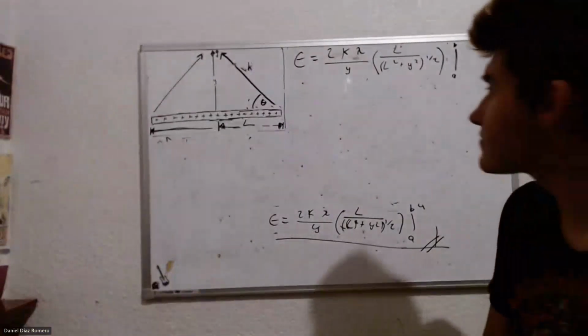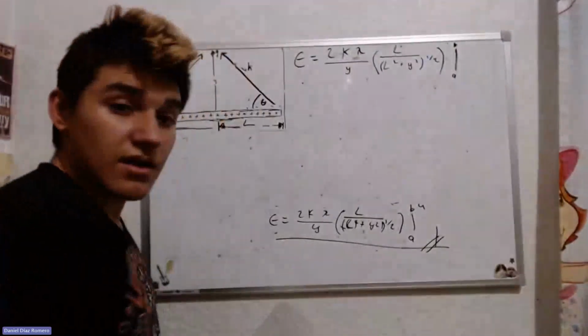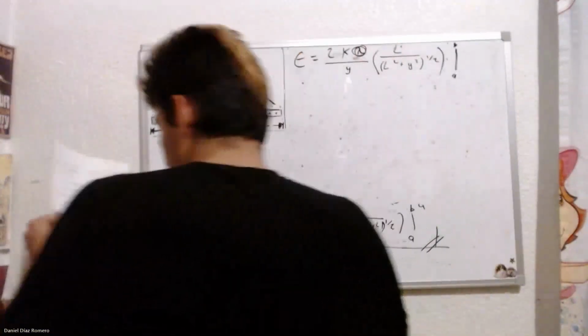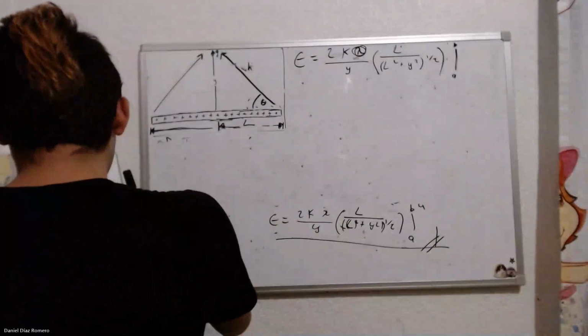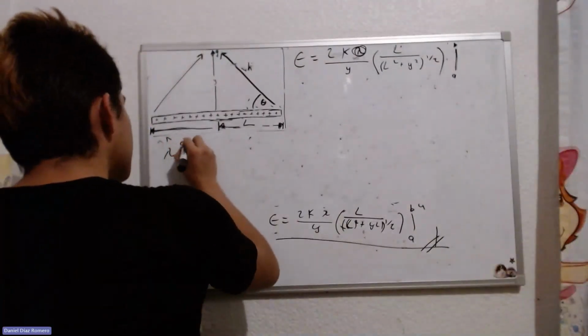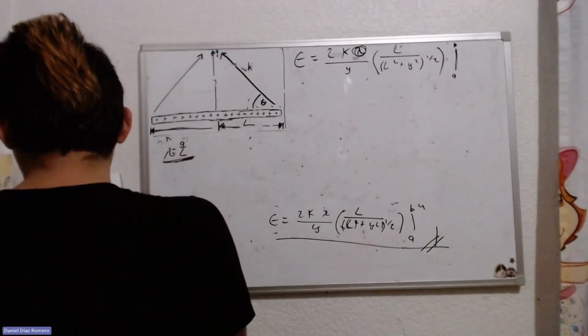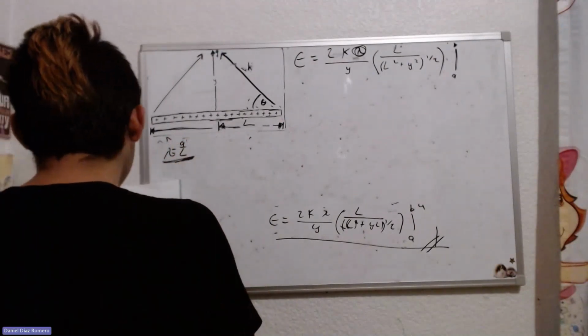So now, as you may remember, lambda is equal to Q over L because of the function polarity.